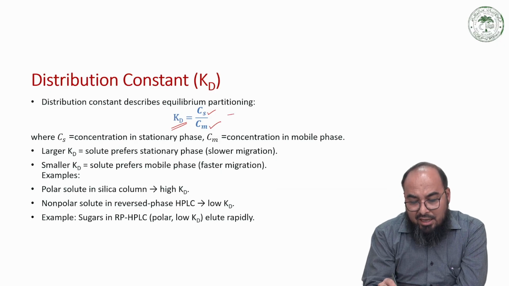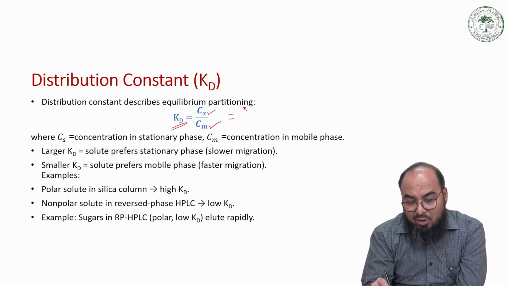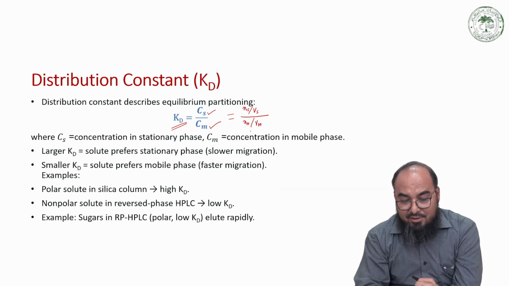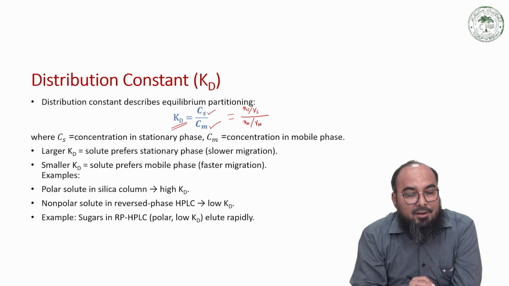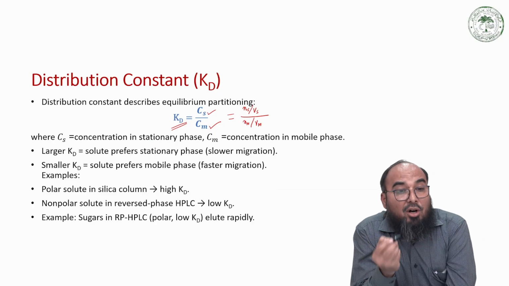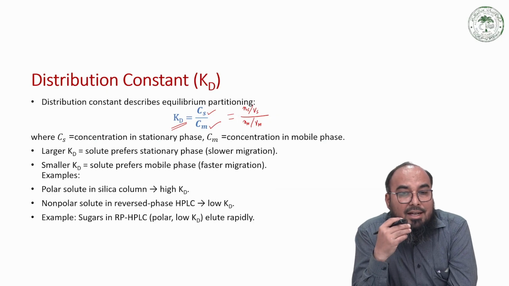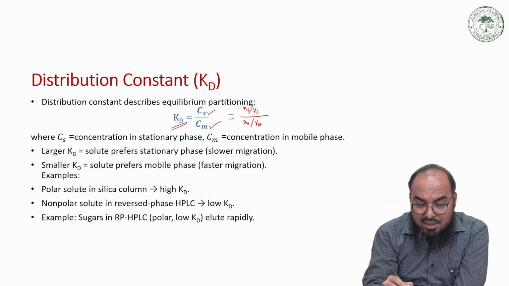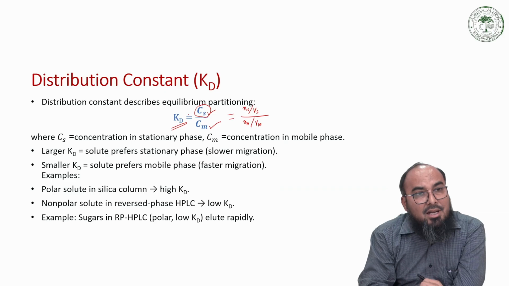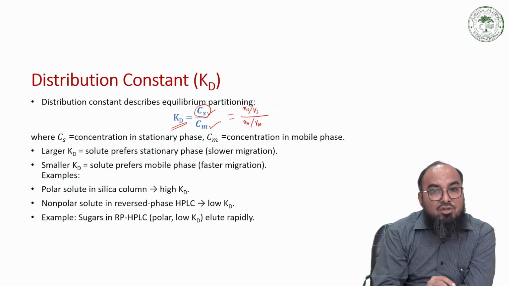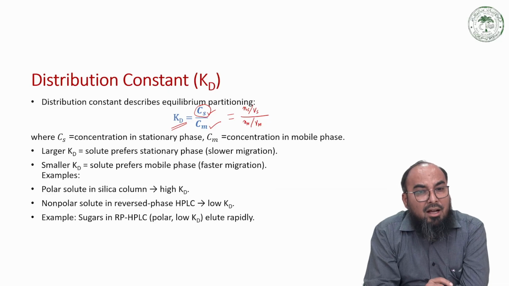And we have also resolved it in terms of number of moles of solute upon volume of stationary phase over number of moles of solute upon volume of mobile phase. We have also discussed it in the previous slide. Now, what is the importance of this? Why are we so concerned about KD? Actually, KD is very diagnostic. A large value of KD means this quantity is large, which means that we have a very strong interaction with the mobile phase.